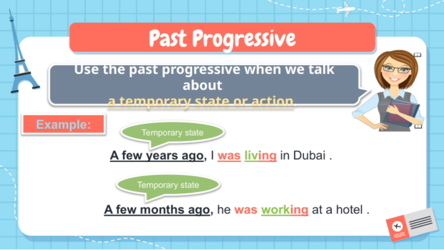So the key point here is that we use the past progressive to describe temporary states or actions that were happening at a certain time in the past. It helps us emphasize that these actions weren't permanent but temporary situations. This concept ties into the overall theme of understanding how to describe past actions and states accurately, especially when they are temporary or ongoing at a particular moment.